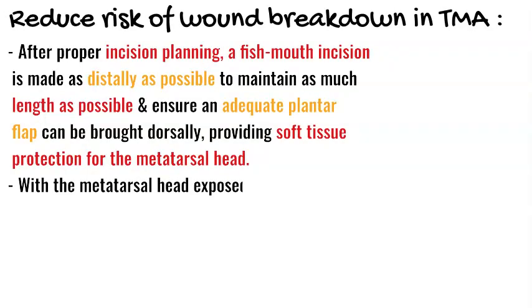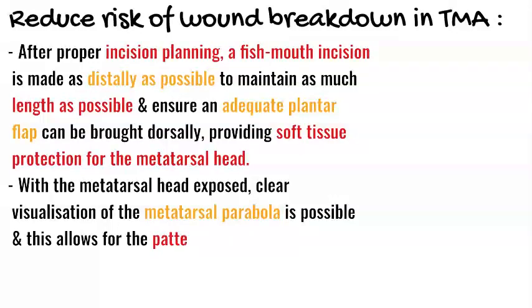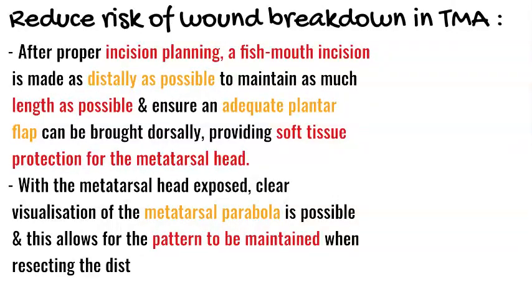With the metatarsal head exposed, clear visualization of the metatarsal parabola is possible, and this allows for the pattern to be maintained when resecting the distal portions of the metatarsals.